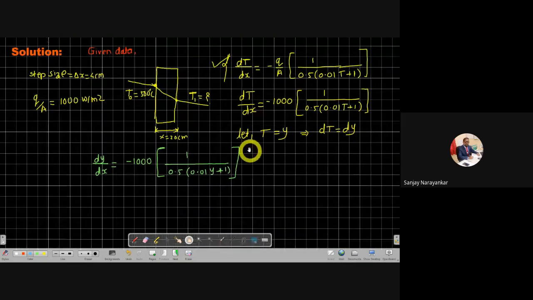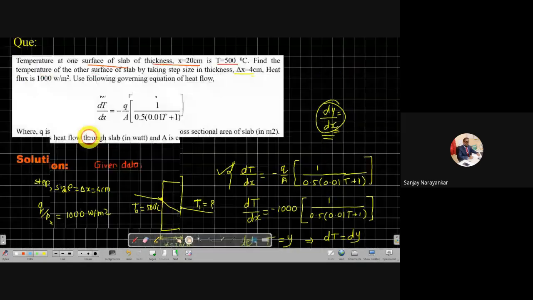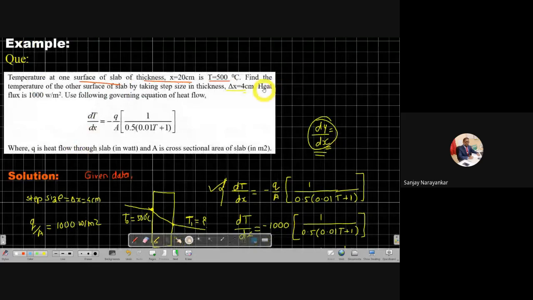Now see. The heat flux in the problem statement is in watt per meter square, right? We have to take care of units. In theory class also, I used to say check the units. The distance is in centimeter and the heat flux is given in meter. So either convert this into centimeter or this centimeter into meter. You can see that there are two terms in centimeter.